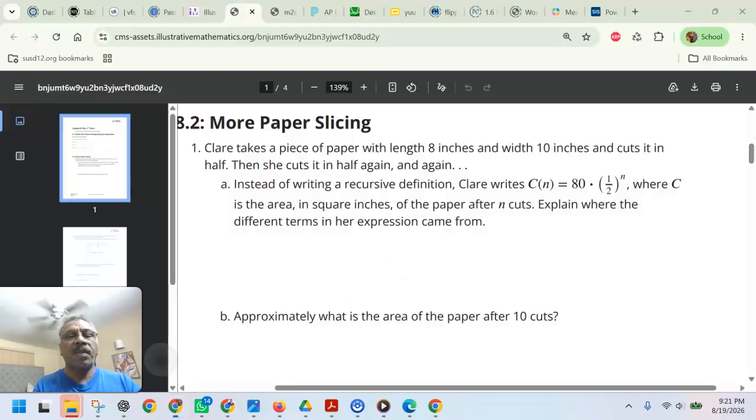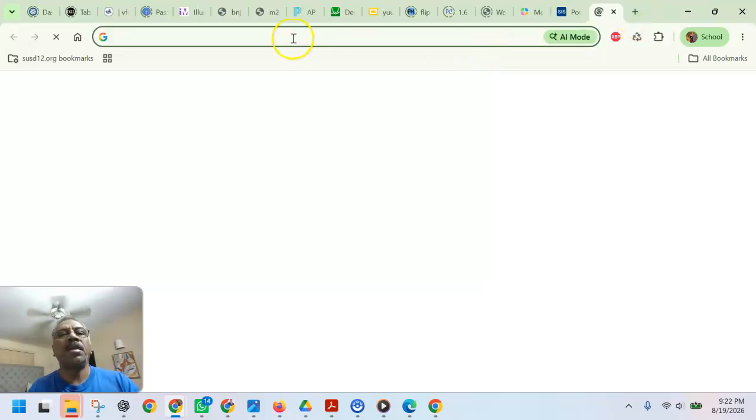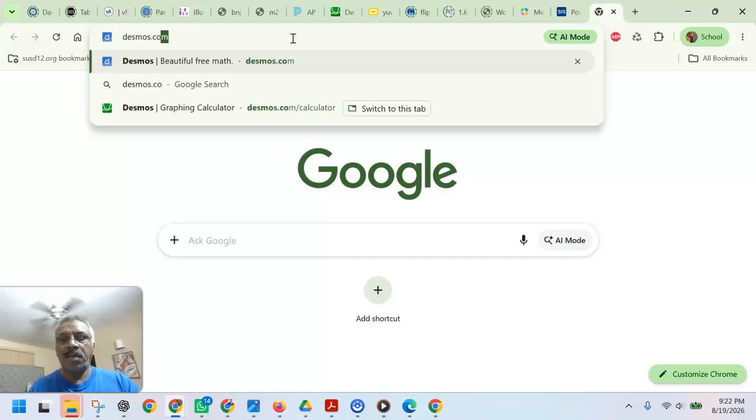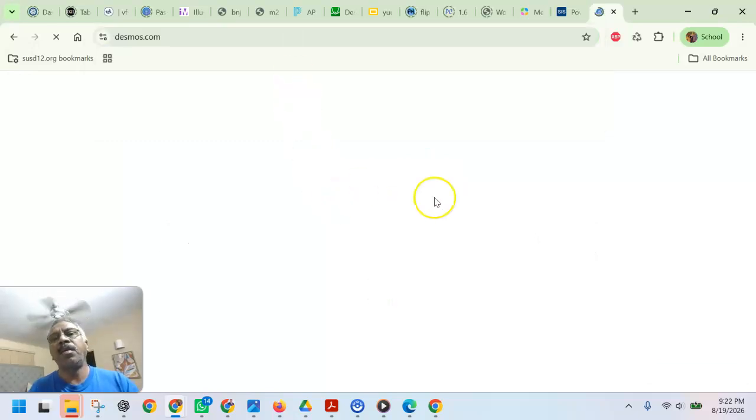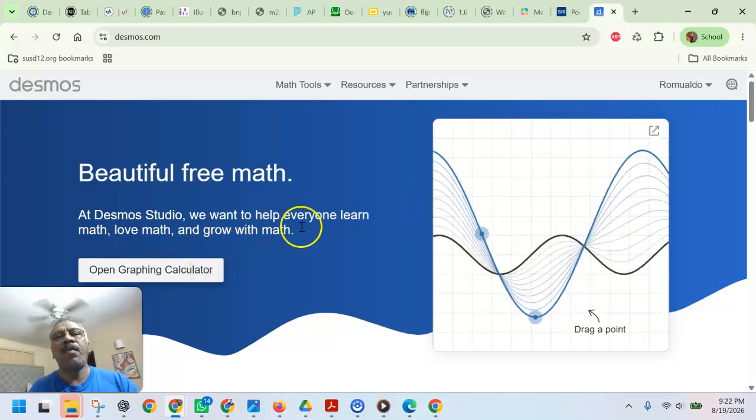Go back to the question. The question here is, what is approximately the area of the paper after 10 cuts? The best thing is we'll have to use Desmos or the calculator. You can use Desmos.com, or the Inspire, or you can use a TI-84.